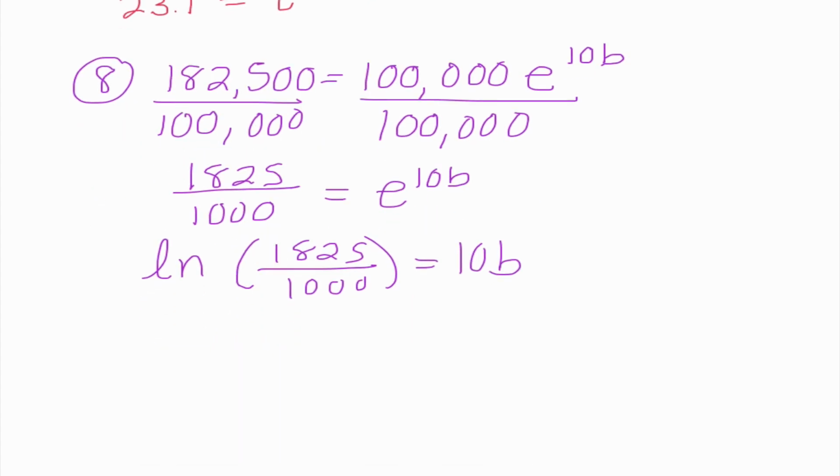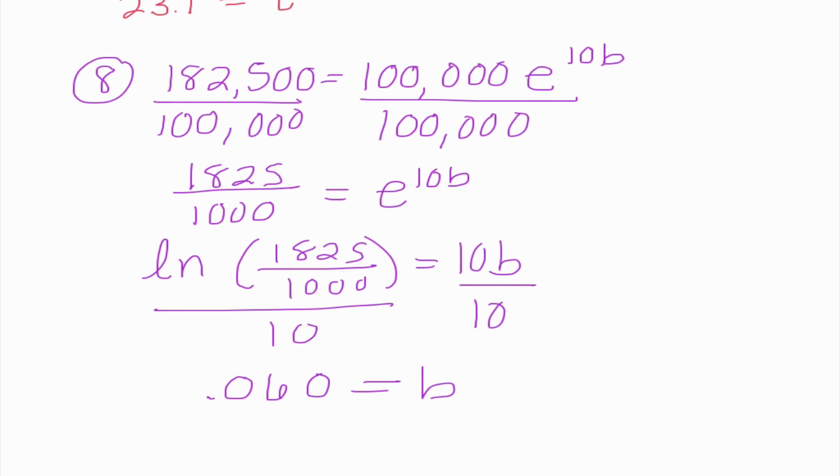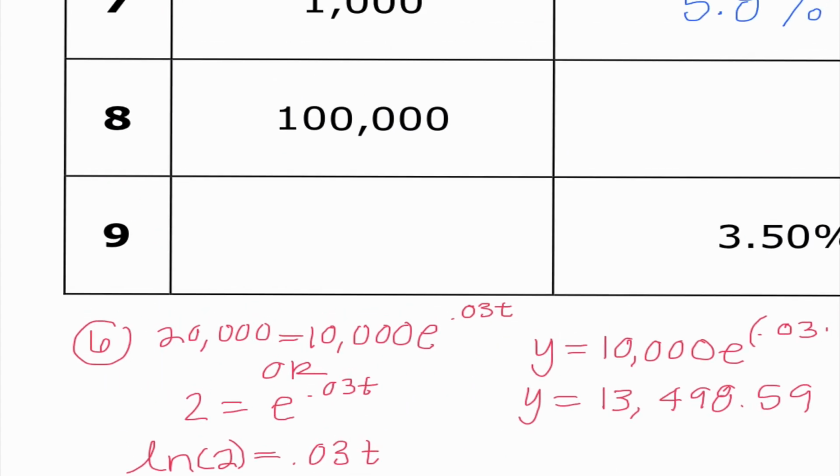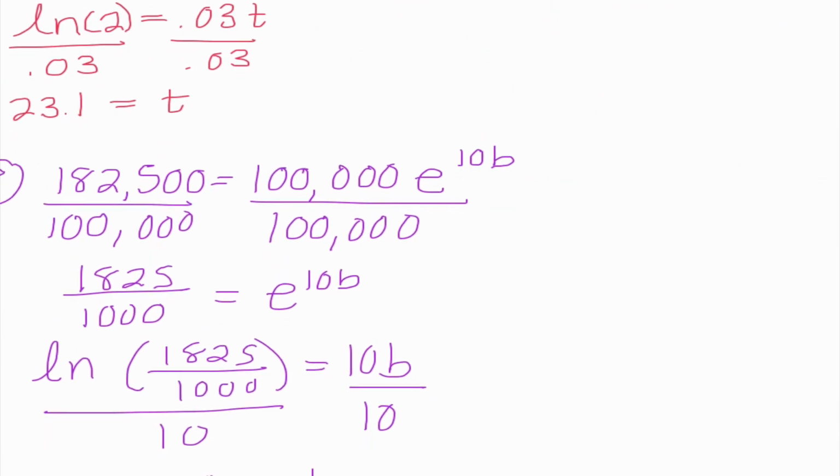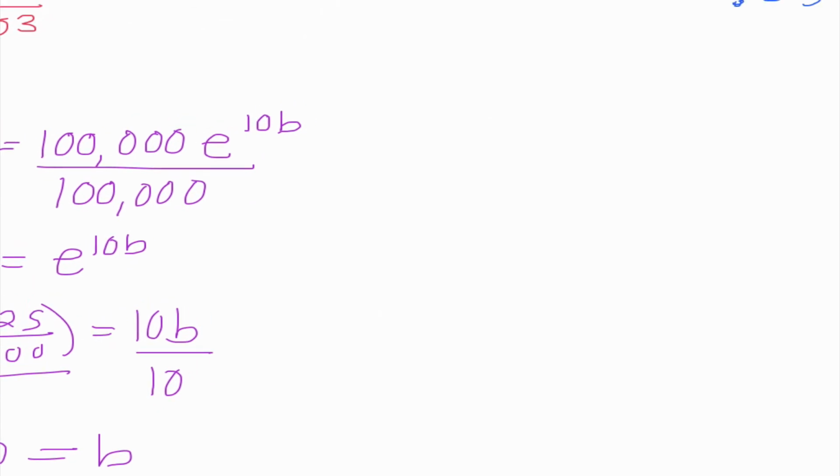I know then that I need to divide both sides here by 10, and I end up getting 0.060 as our b value. So that means our rate is 6.0%.